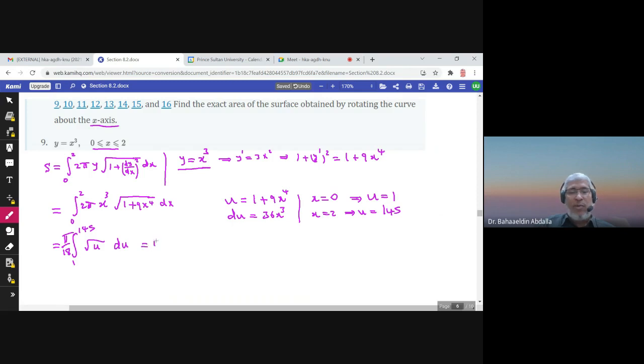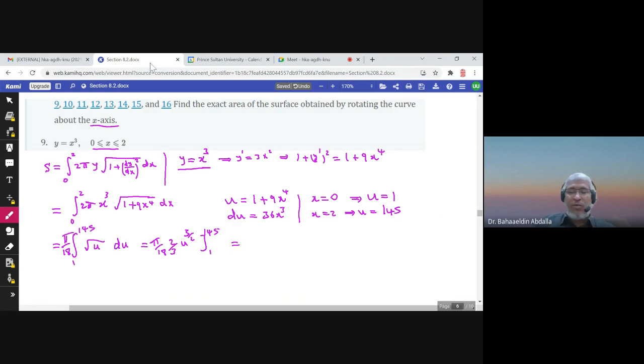So I have pi over 18, u to the power half, add plus 1, so 3 over 2 times 2 over 3 from 1 to 145.